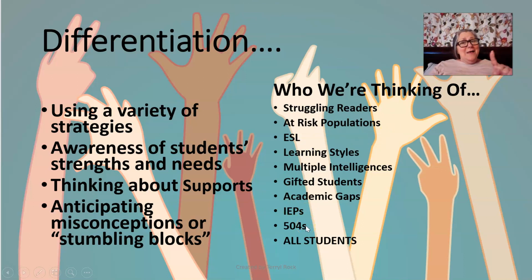Believe it or not, there was a time when there was no such thing as an IEP or a 504, but we still had students who were at risk. And so we just now have this, and some people think that we only differentiate for them. And heavens to Betsy, I hope that that's not what you're doing. You need to be helping all learners.